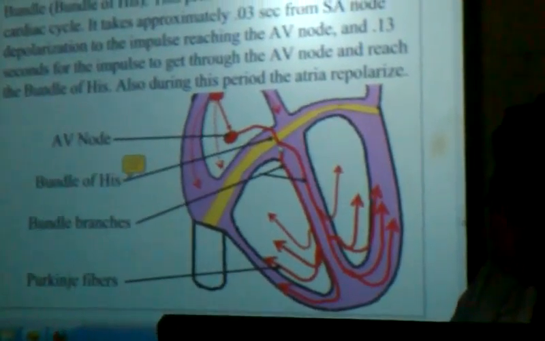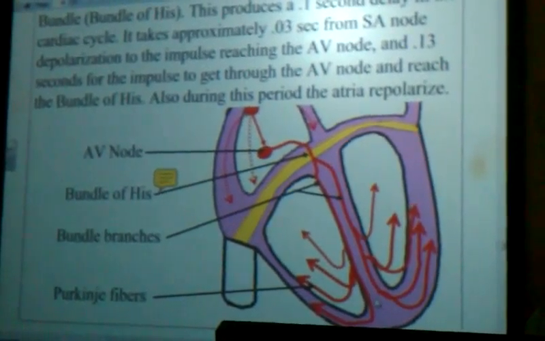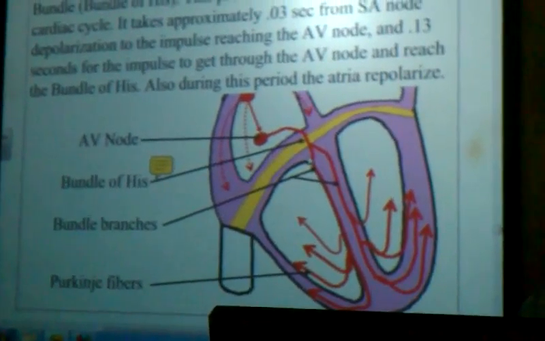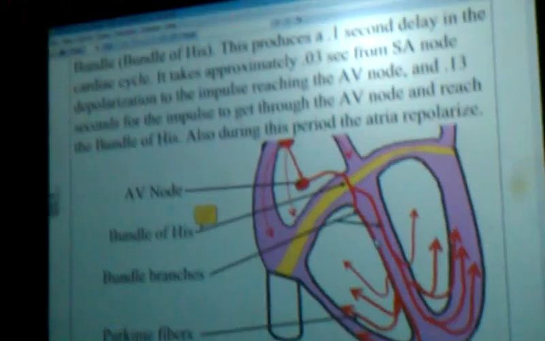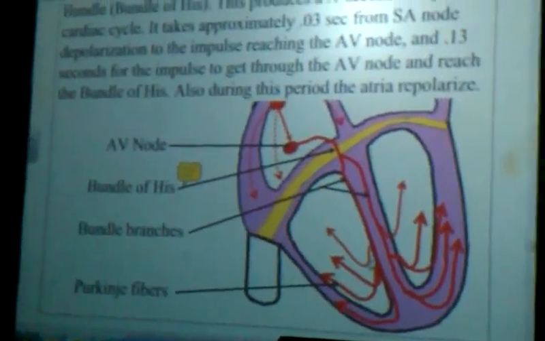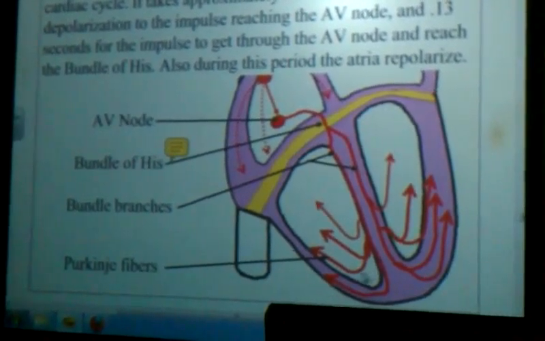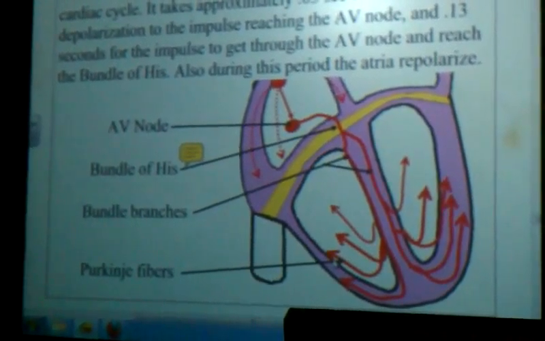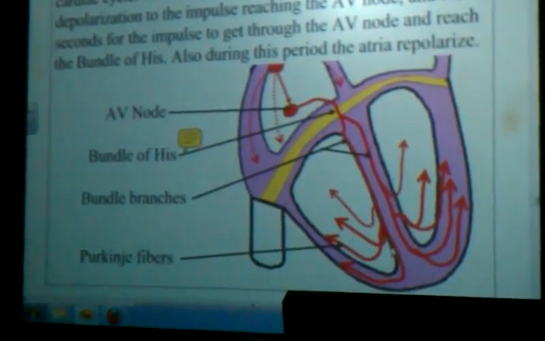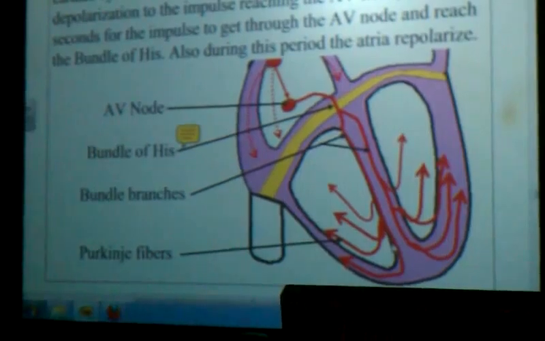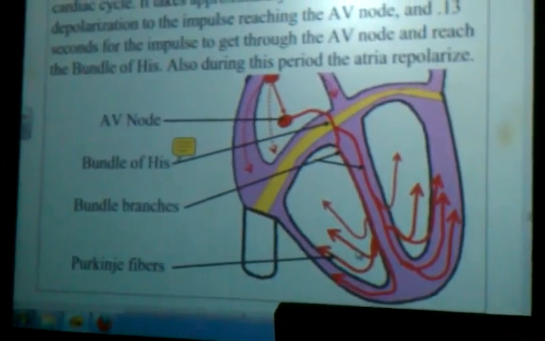And that bundle of His then branches into two bundles, which go down either side of the interventricular septum. These are the right and left bundle branches. And coming off the bundle branches, going into the myocardium of the ventricles, are these fibers. They are called Purkinje fibers. And all of these structures are going to carry an electrical signal that tells all of the cardiac muscle fibers when to contract.